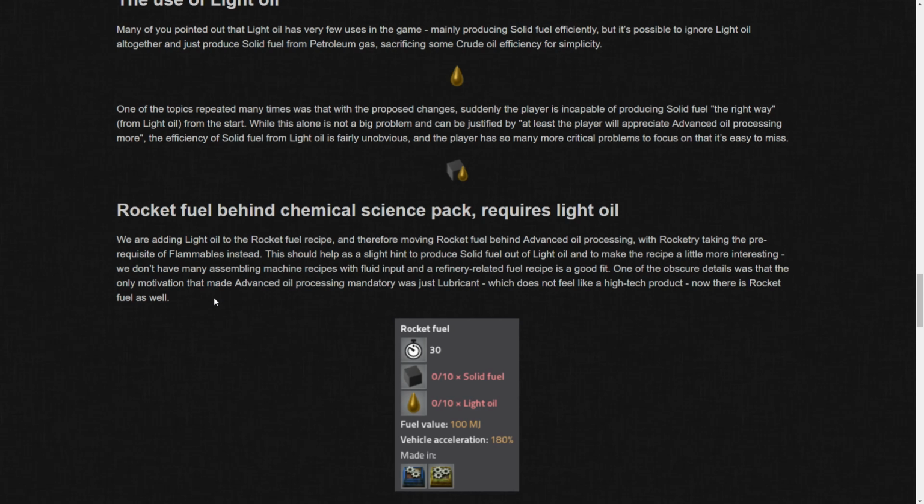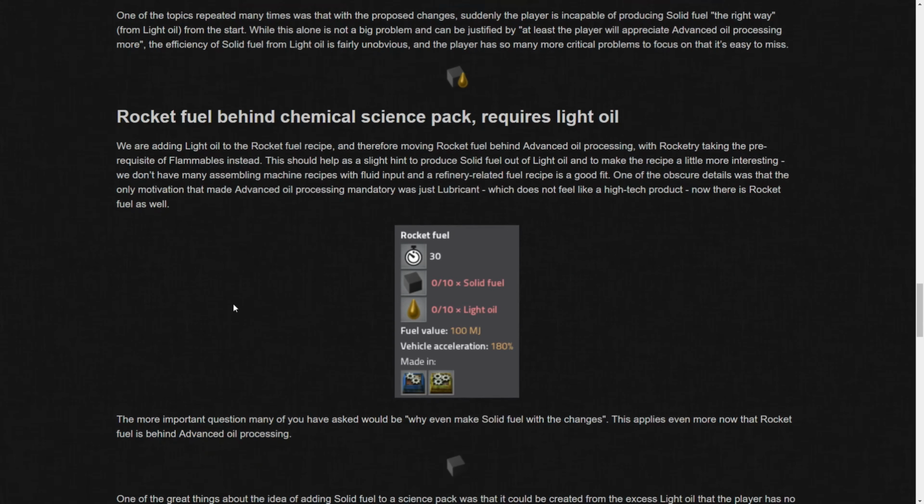Another reason they're doing this is because if they just left it as is, the only reason you would need to make advanced oil processing at all is lubricant, which is needed for electric engines, which is needed for the later science packs. Yeah. So this is now kind of adding another reason to unlock advanced oil processing. Yes.